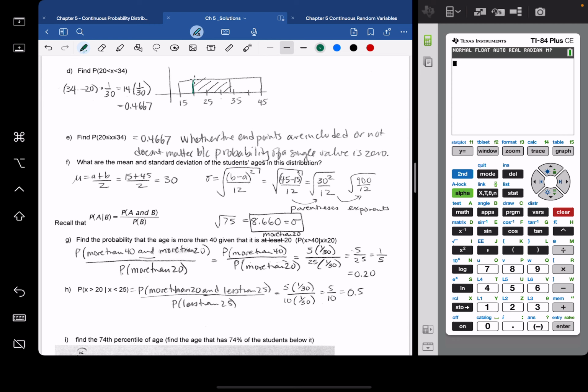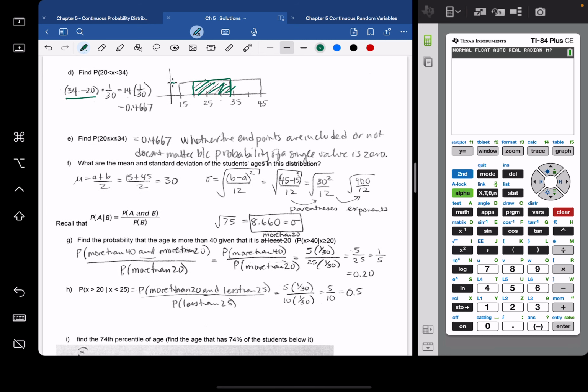So I sketched the rectangle reasonably well, and we're looking for this shaded area. So the green shaded area is from 20 to 34. To get the length of that rectangle, I just subtract those two numbers. And then the height of the rectangle is still 1/30th.